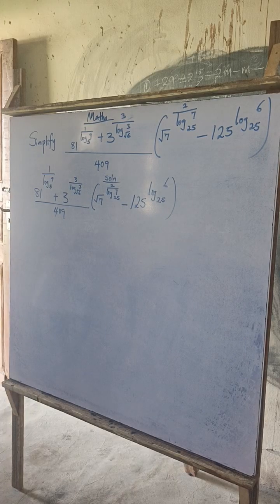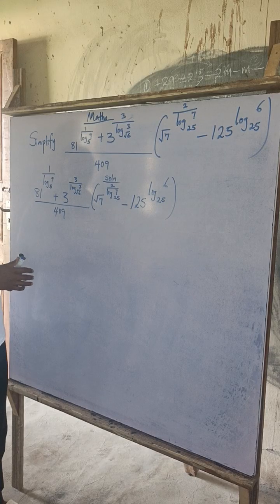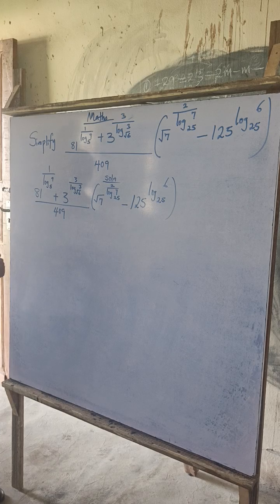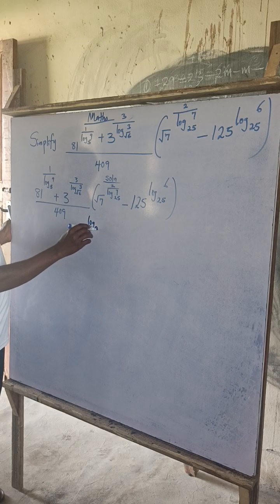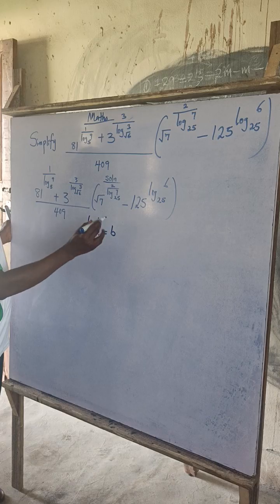Now, there are rules or properties of logarithm that we've learned in the previous videos. We have a law that says a raised to power log b to base a will give us b.